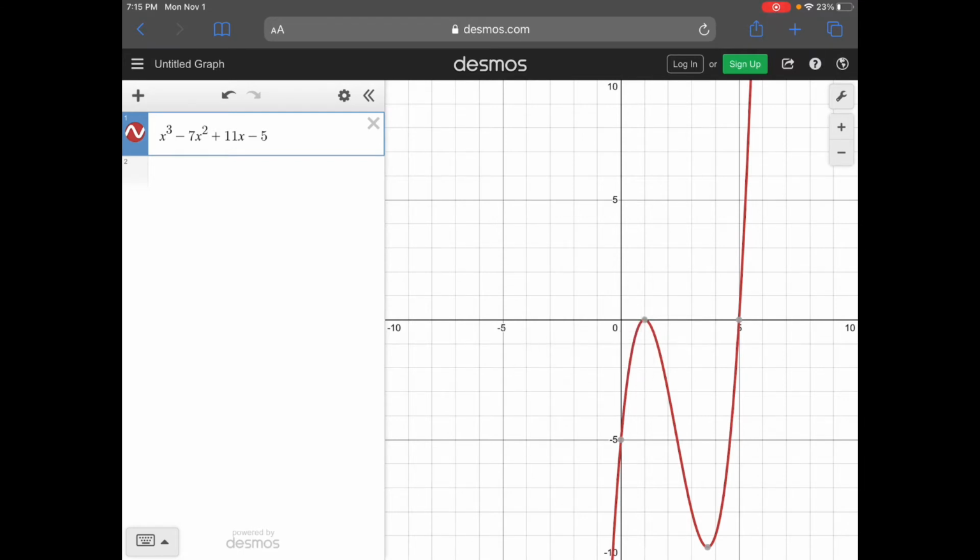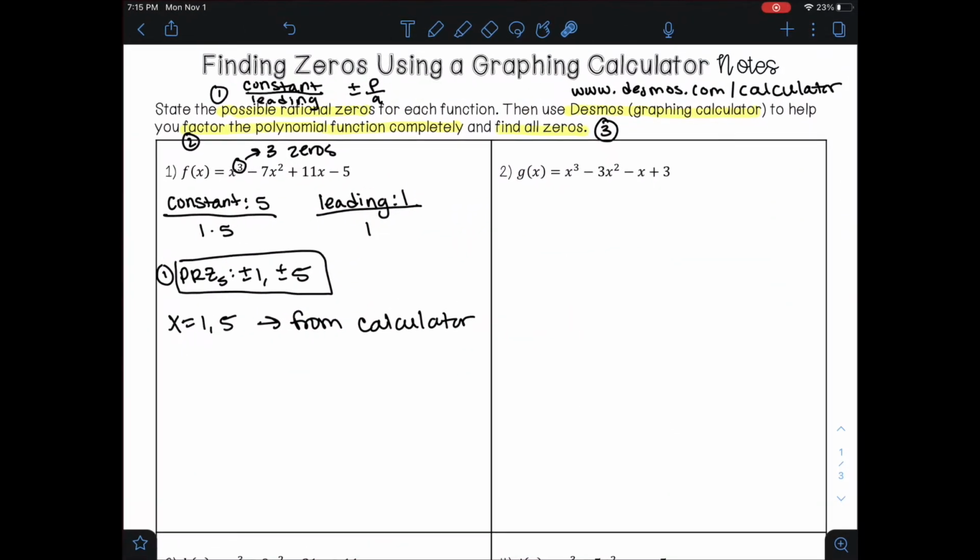This only happens when your multiplicity is 2. So because this is tangent at 1, we can say we have x equals 1 with a multiplicity of 2.